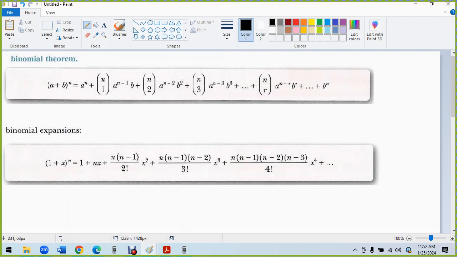Binomial theorem. So the binomial theorem is actually, we have a plus b. Okay, so for the binomial theorem, (a plus b) to the power n will be the sum of nCr, a to the power n minus r, b to the power of r.